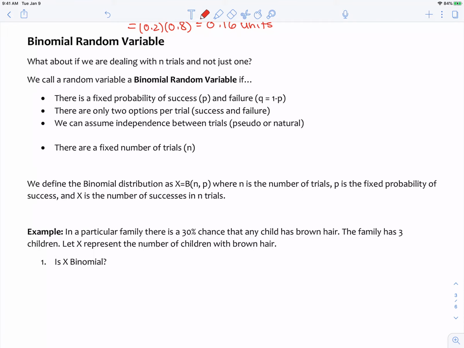And the thing that we add to this is that we need to have a fixed number of trials. So these first three conditions are just Bernoulli, and then we're adding this to make it binomial. So a binomial random variable is one that's made up of Bernoulli trials and a fixed number of trials.